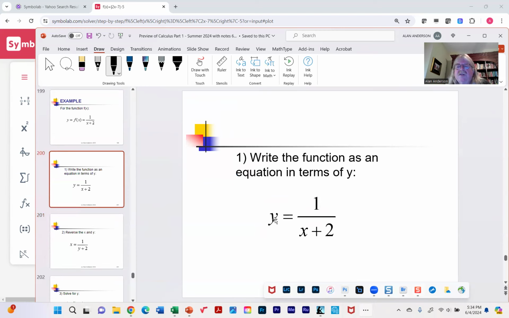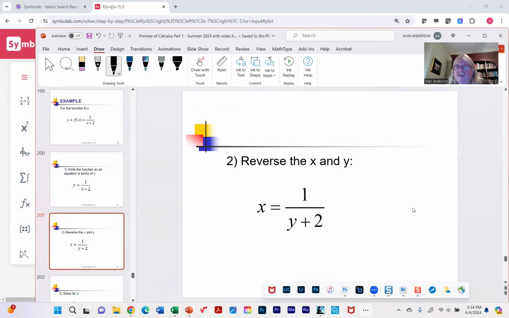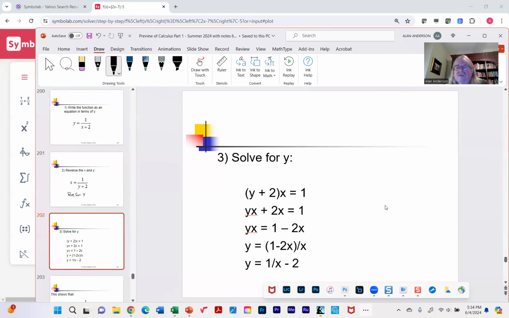In other words, change all the y's to x's and all the x's to y's. Once you've done that, you just solve for y. Whatever you come up with is the inverse of the original function. That seems very strange, but it's true.